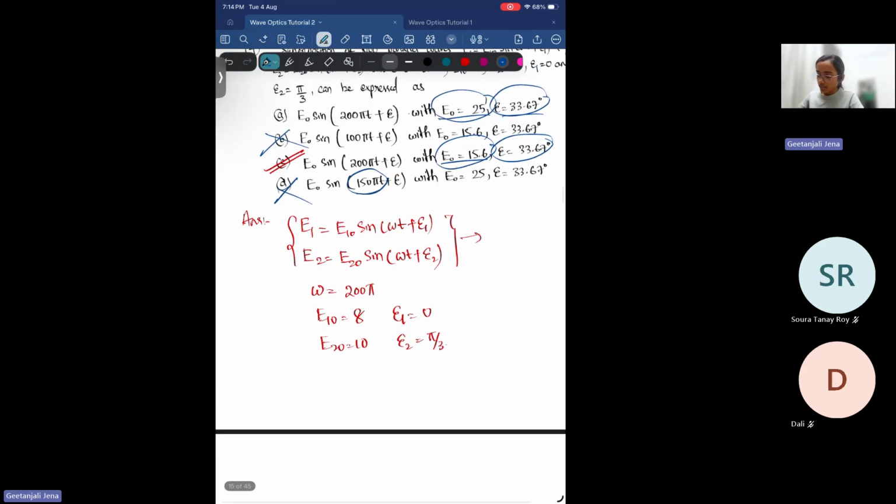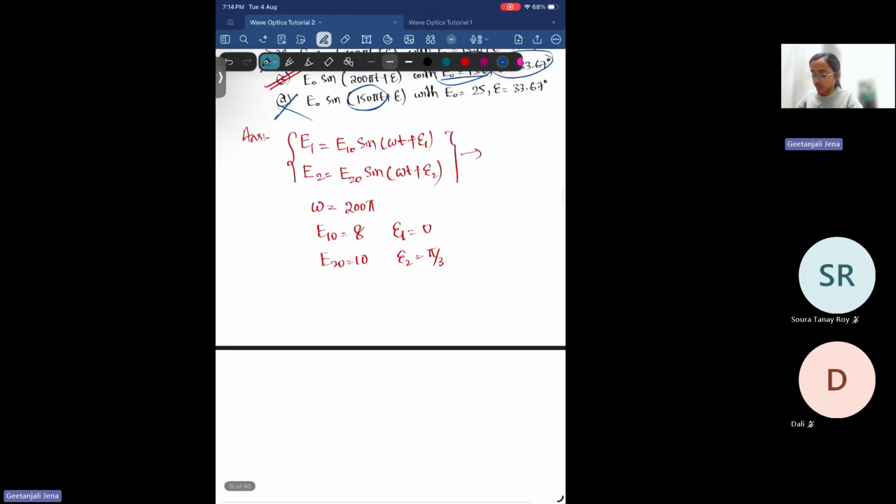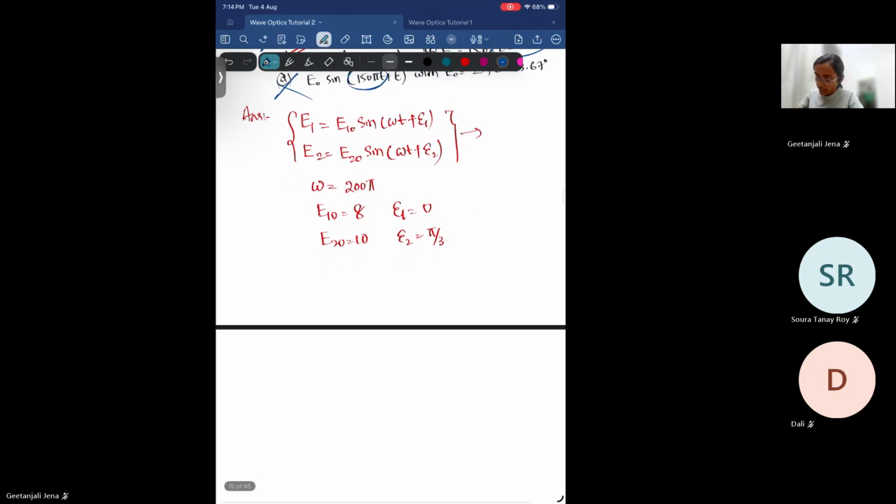So our main task is to find out E0, because the phase is the same in both options. If you recall, E0 square is E10 square plus E20 square plus 2 E10 E20 cos (epsilon 2 minus epsilon 1). All the things are given.